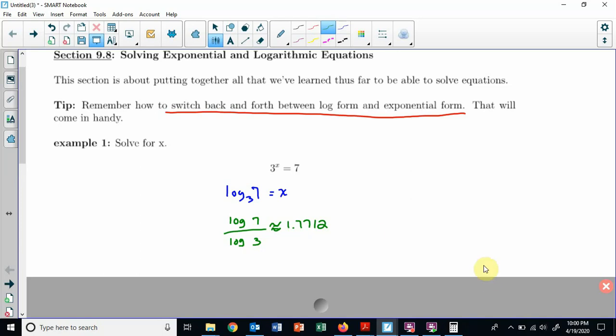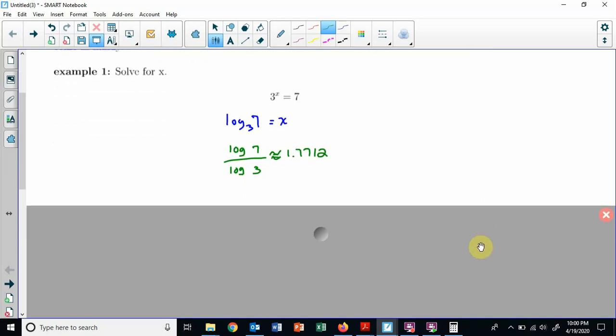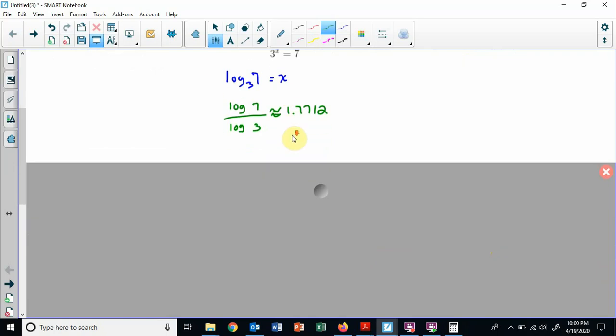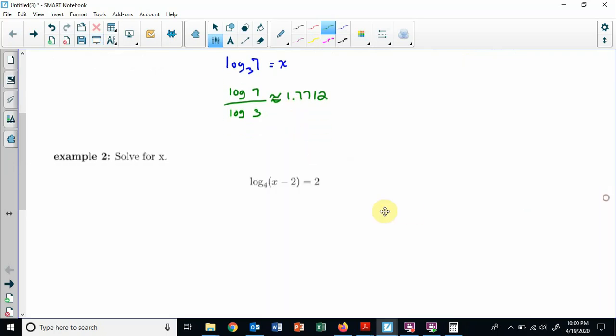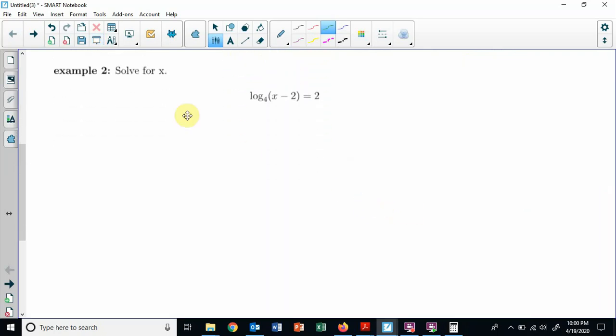Okay, awesome. Let's look at another example. That's really all we're doing today, is just putting a few examples together that are mixing and matching all these skills we've learned. So look at this one, solve for x. I don't really know what to do, but you can pretty much always guess that if it looks a little bit confusing, you should try to rewrite it.